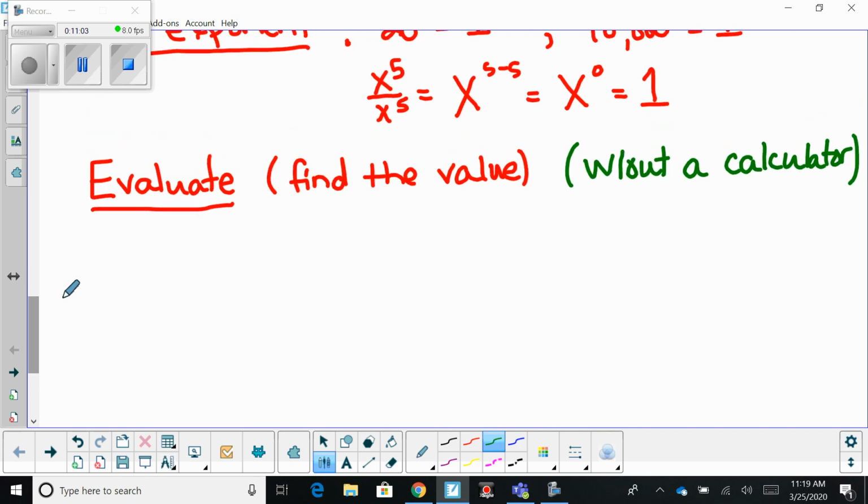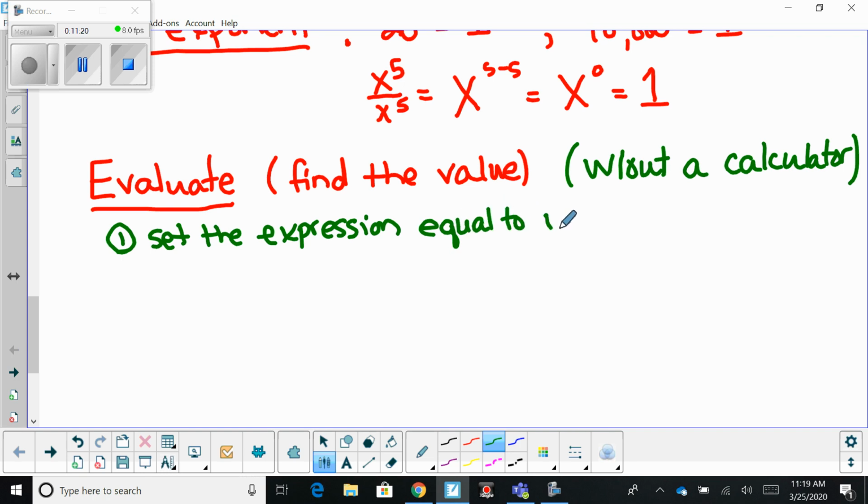All right, so if you're going to evaluate, the first thing you're going to do is set the expression equal to x. Okay, so the log expression they give you, we're going to set equal to x.